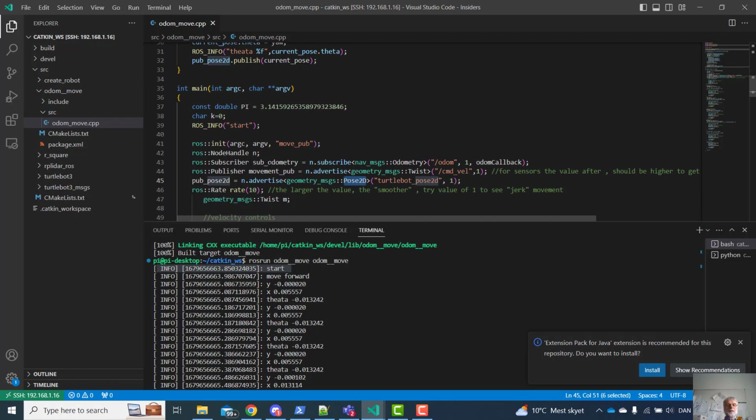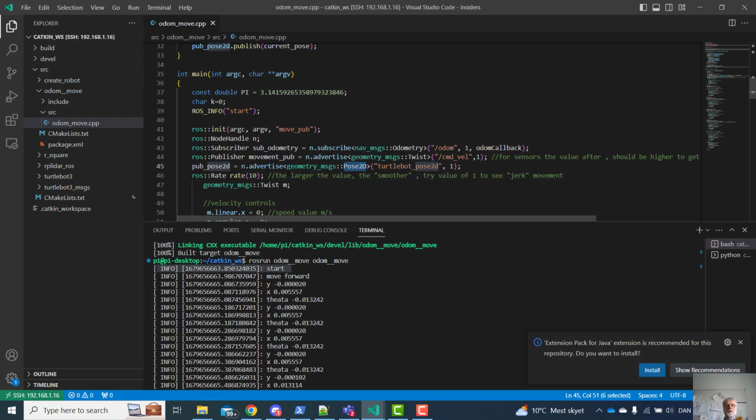Now we need to have a subscriber reference, or it's an object. We can say it's an object of the subscriber class, and we have the need for a publisher. The subscriber is to retrieve the odometry, and the publisher is to move the robot.